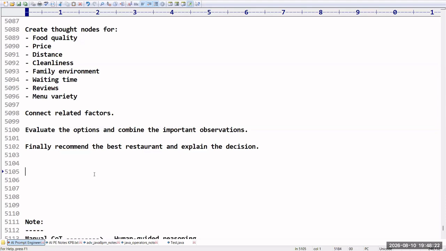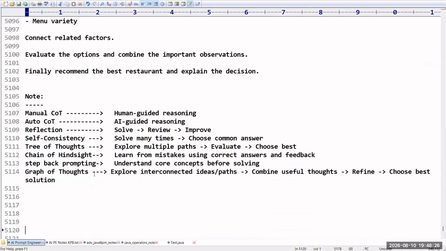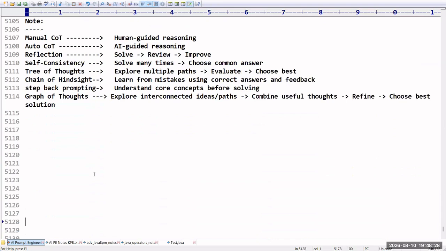Now, just have a look once. Final note. Sir, already we know what is manual COT: human guided reasoning. Sir, what is auto COT? AI guided reasoning. What is reflection prompting? We are going to solve the problem and we will review that problem and then we will improve if any suggestions are required.